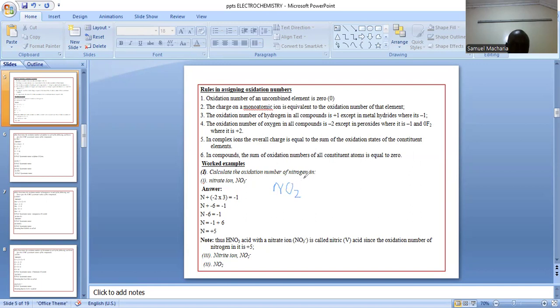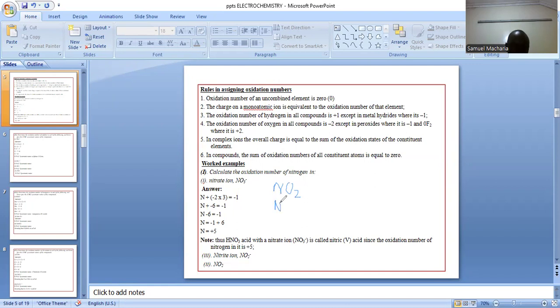If you look at this one, there's no charge. So this is a compound where the overall charge is 0. So if we add up all these oxidation numbers, we get 0. So we start working.